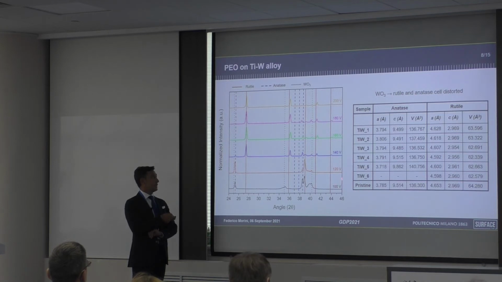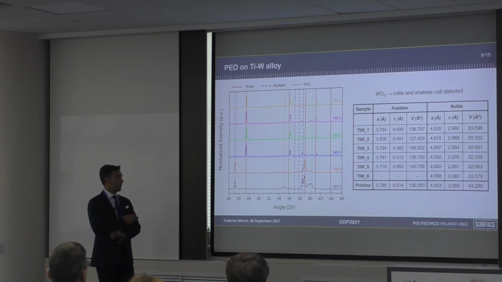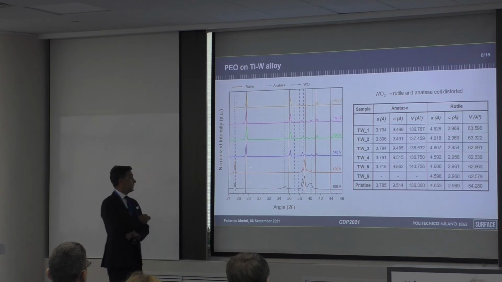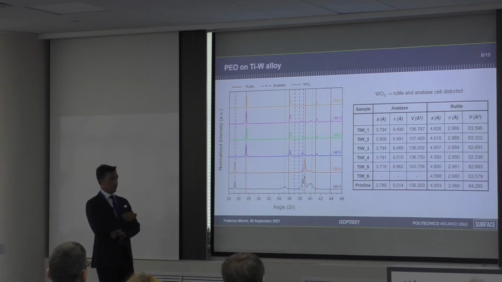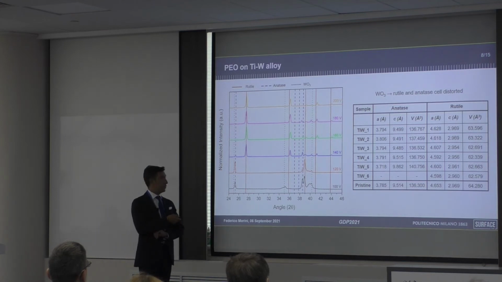While by increasing the cell voltage of the plasma electrolytic oxidation, it's possible to increase the thickness of the produced oxide and also to have different phases. So by increasing it, titanium dioxide is no longer present in the form of anatase, but forms rutile, which is typically formed at higher voltages, with also the presence of peaks of tungsten trioxide.